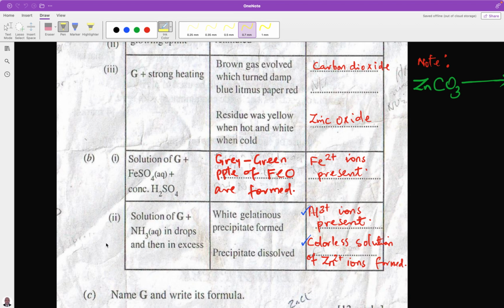Then 2, solution of salt G plus aqueous ammonia, in drops and then in excess.